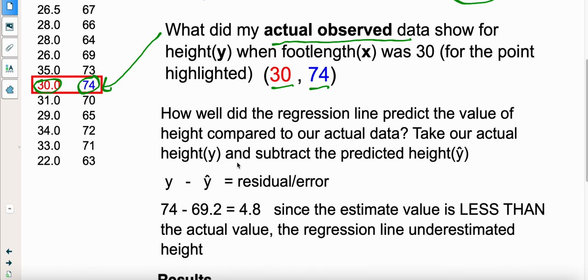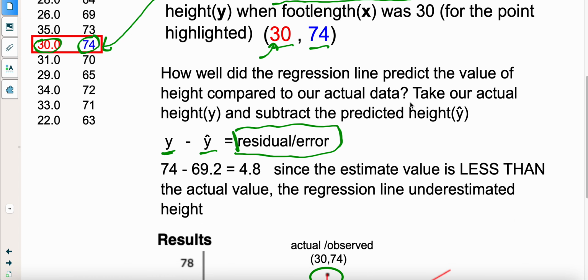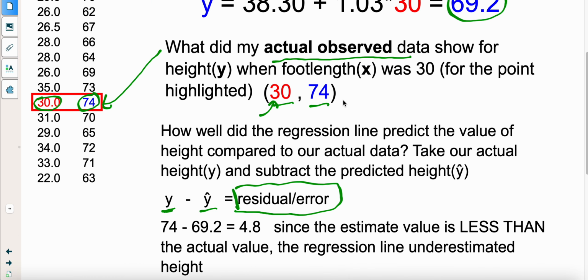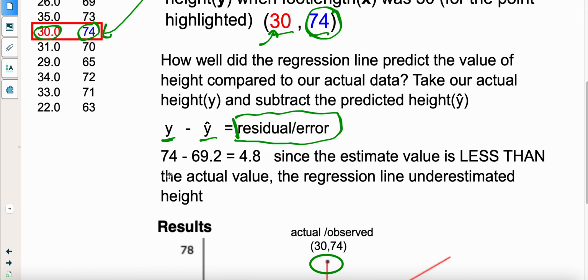All right, well, the way I'm going to do that, I'm going to take what was my actual Y value when foot length equaled 30. I'm going to subtract from it my estimated. That's my residual. I'm just finding the difference. I'm finding how well did the line predict. Okay, my actual Y value is 74.